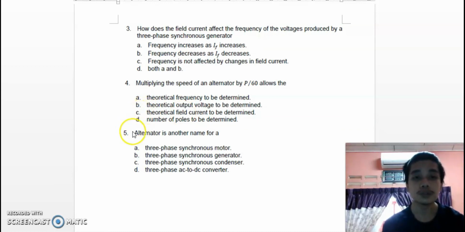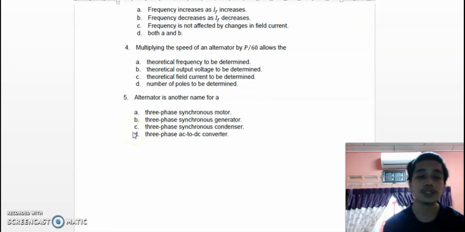So let's go to the final question: alternator is another name for what? We already know that the alternator is also called a synchronous generator. So the answer should be three-phase synchronous generator. A is synchronous motor.